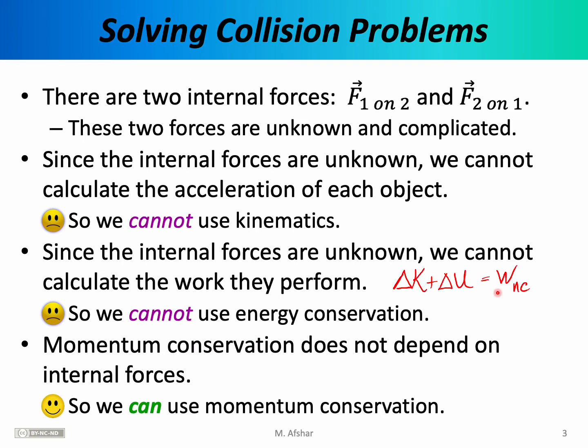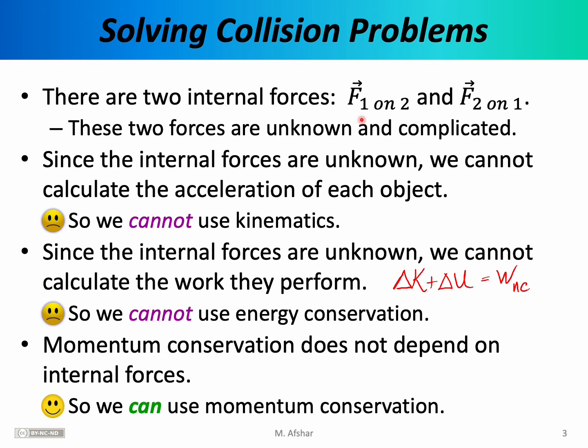Momentum conservation, on the other hand, turns out to be an excellent tool for analyzing the collision between two objects, because momentum conservation does not depend on internal forces. These forces that we were talking about, the force of an asteroid on the planet or the force of one car on another car, these are internal forces so long as we view both bodies as one system.